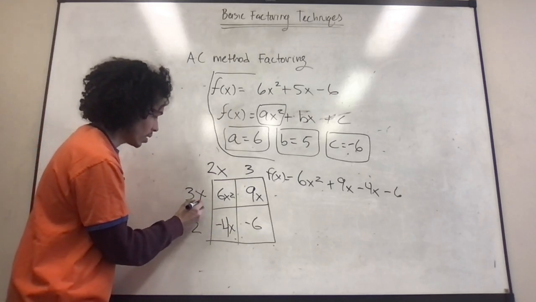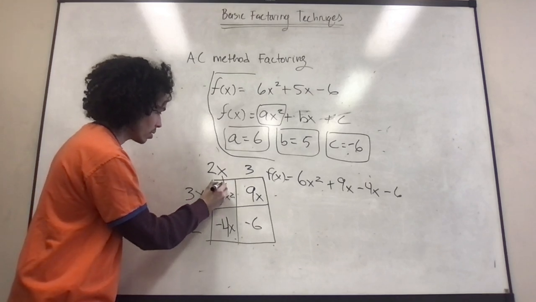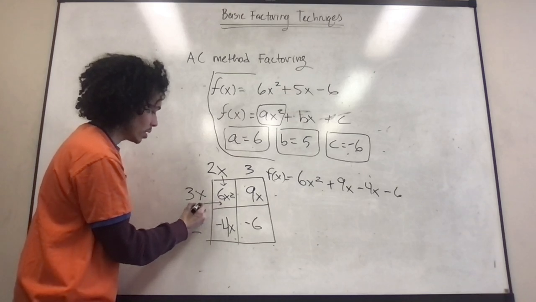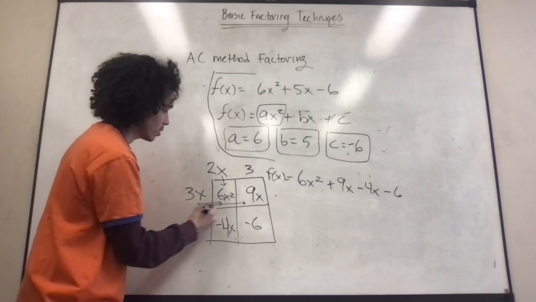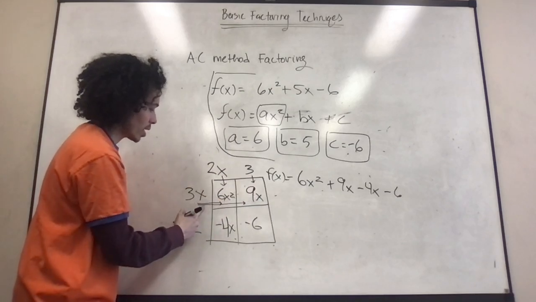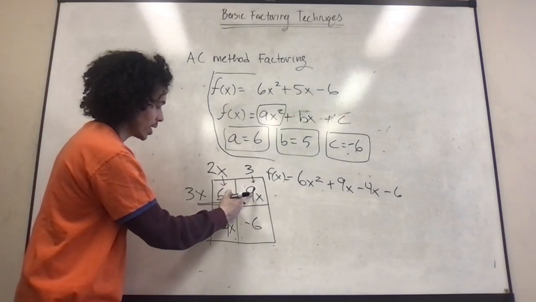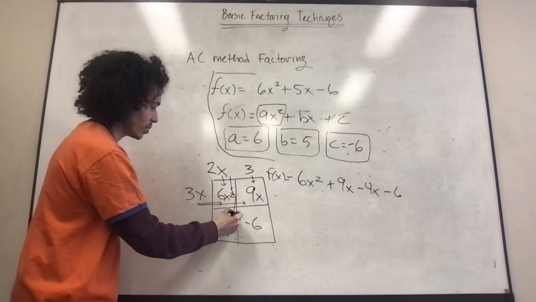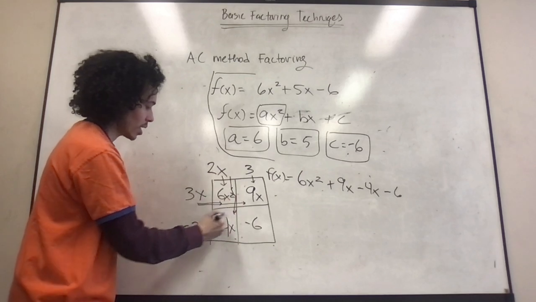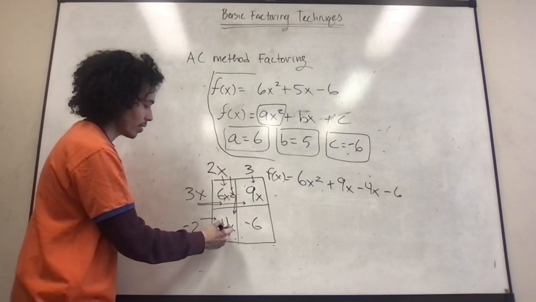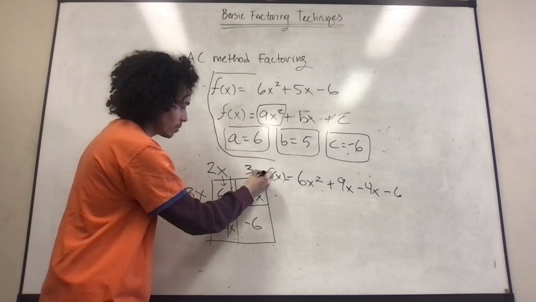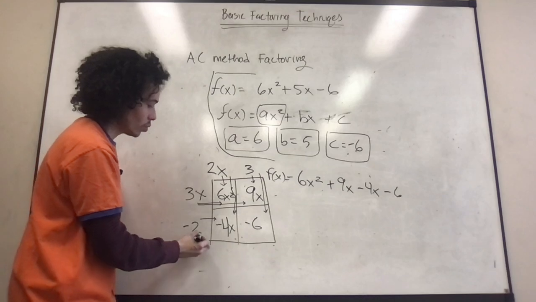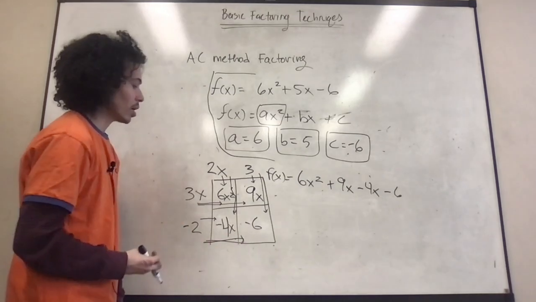Now this here agrees with this. 3x times 2x is equal to 6x squared. This 3x agrees with this side. So 3x times 3 is equal to 9x. This 2x agrees with this bottom side here. So 2x times -2 is equal to -4x, and this 3 agrees with this corner here. 3 times -2 is equal to negative 6.